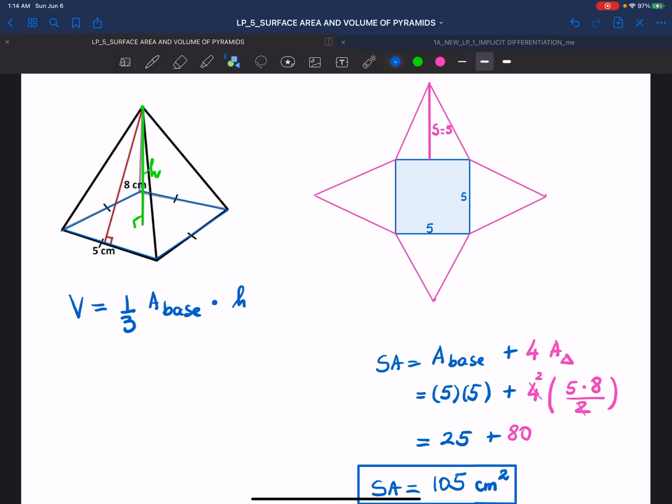And when we do this, we create a right angle triangle. So try to imagine this. The right angle is right here at the bottom of the height. Now we know that this slant in here is 8 centimeters, and the slant is positioned opposite the 90 degree angle. So that makes the slant the hypotenuse.